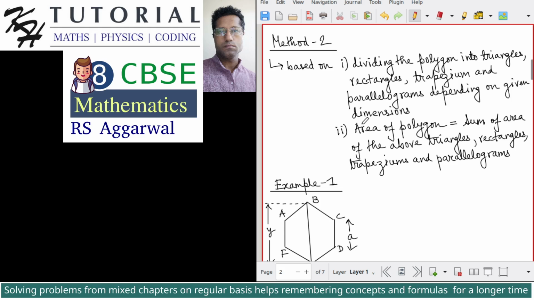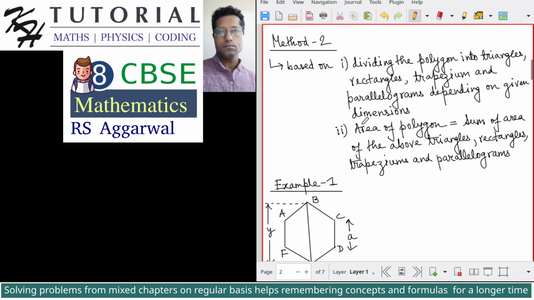So you will be given a regular polygon of some number of sides, let's say starting from 5, that is pentagon or hexagon or heptagon or octagon, whatever. Based on the sides and the given dimensions, you have to divide the polygon into triangles, rectangles, trapezium or parallelograms, whose area you can easily find based on the given dimensions.